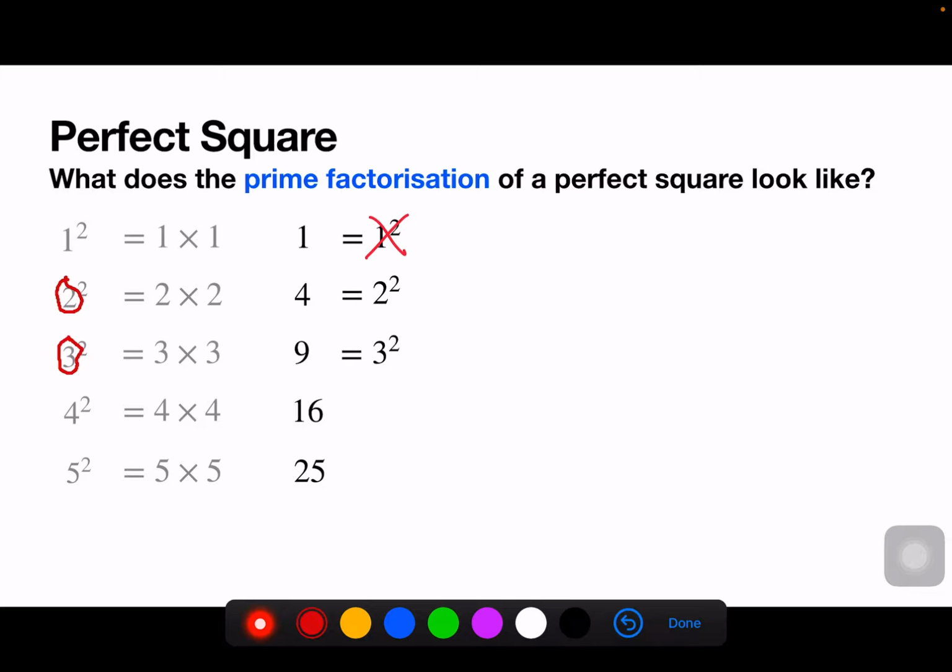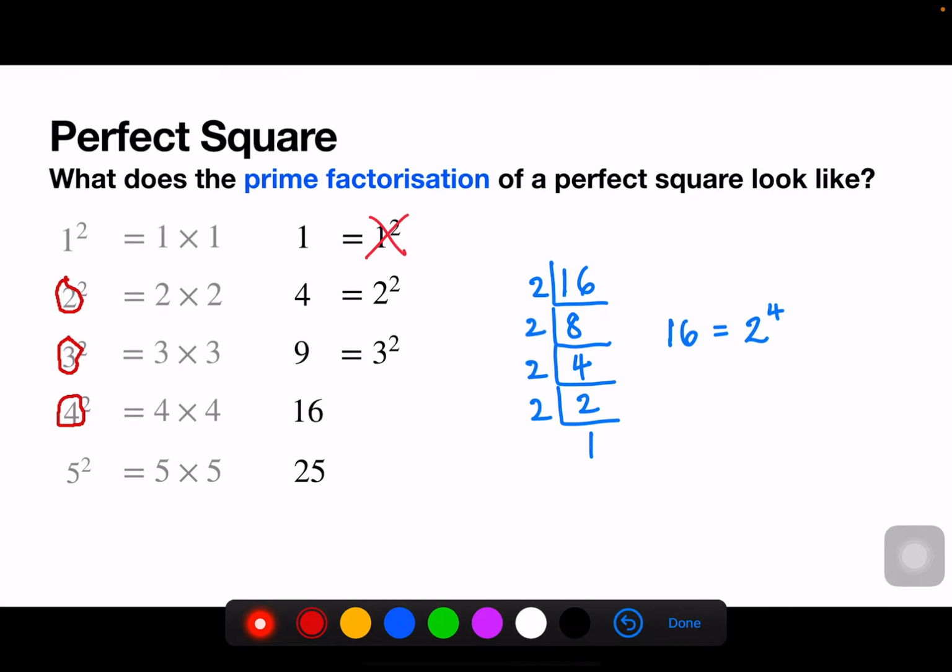Now what about 16? 16 originated from 4 square, but is 4 a prime number? 4 is not a prime number because it is an even number that can be divided by 2. So we have to express 16 as a product of its prime factors.